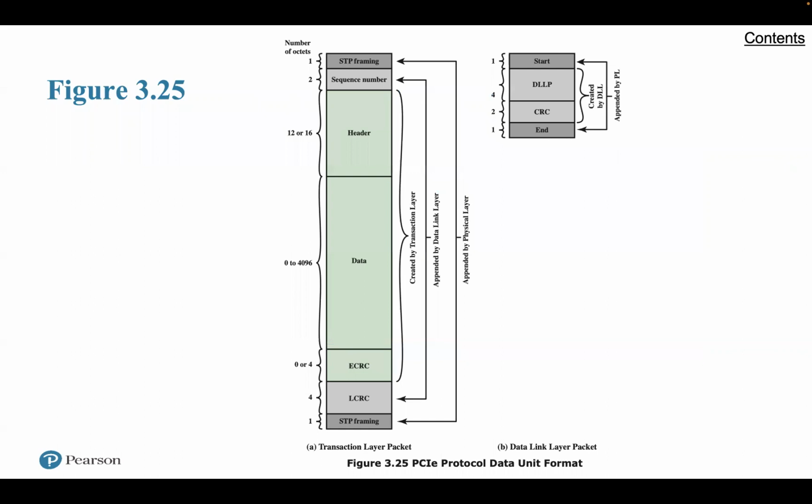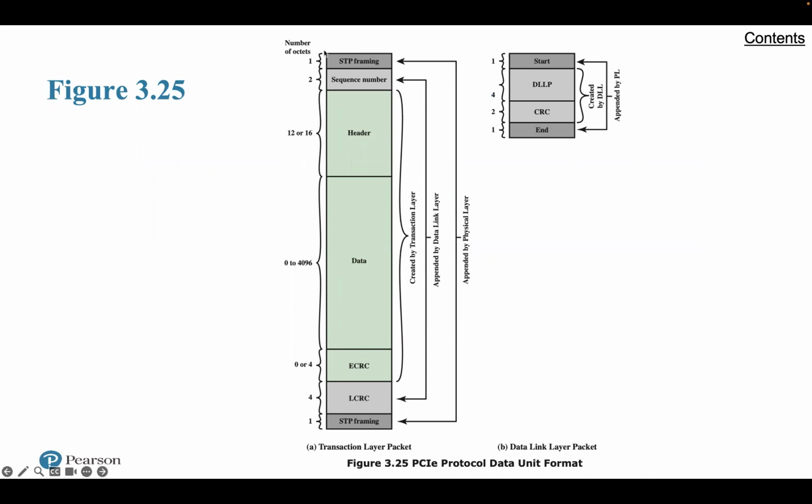Here we see the PCIe protocol data unit format. So we can have an overall view of the things that are captured with a physical layer, the largest amount of information, the data layer, and then the transaction layer here.